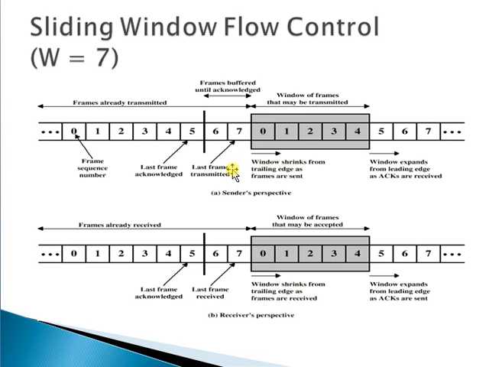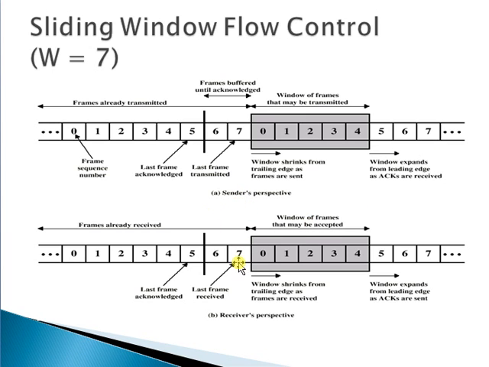So the frames we can transmit are 0 1 2 3, the window of frames that may be transmitted, because we haven't got 6 and 7 acknowledged. That shows the sender's perspective.